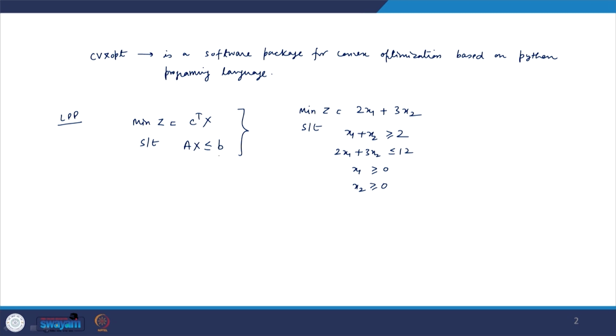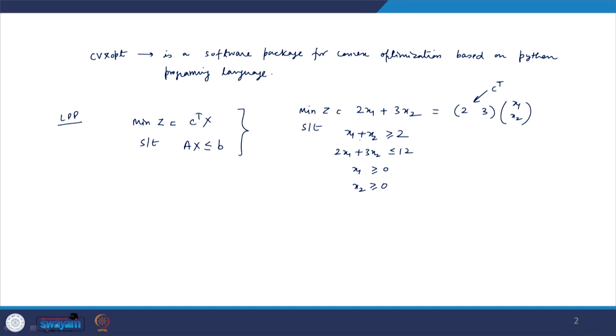Suppose you want to write this simple linear programming problem in this format. What is C here? The objective can be written as 2 3 times x1 x2, so this is your C transpose, and C will be a column vector. Now, all constraints must be of less than or equal to type.